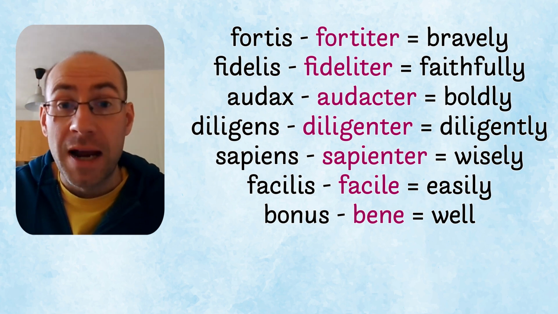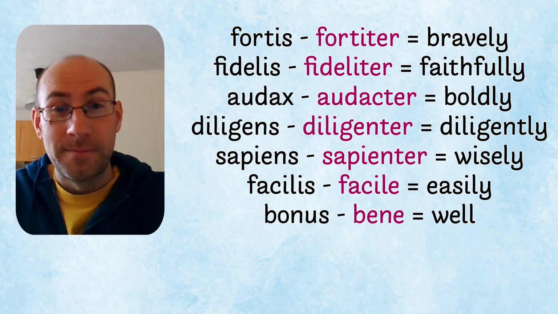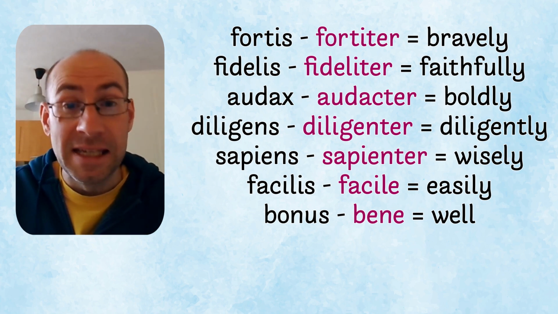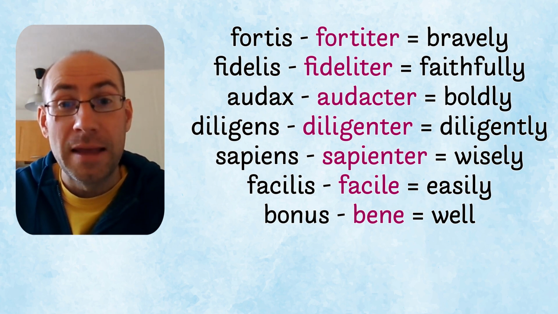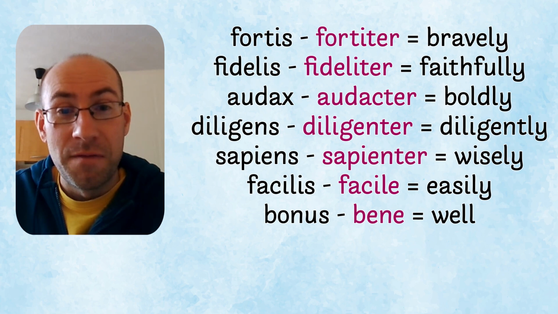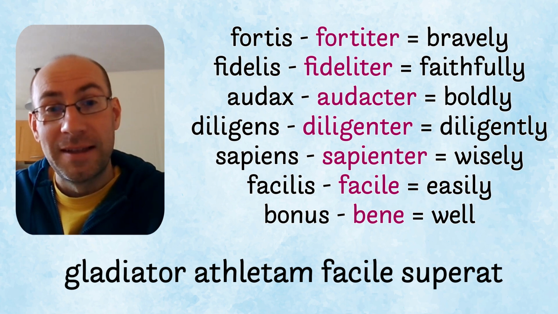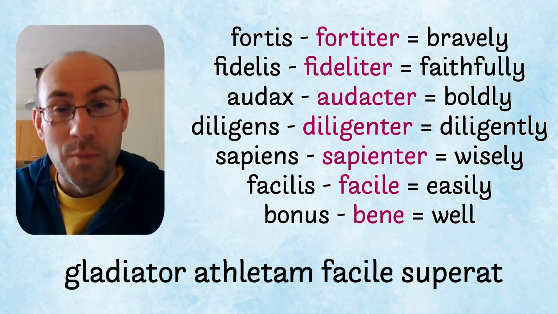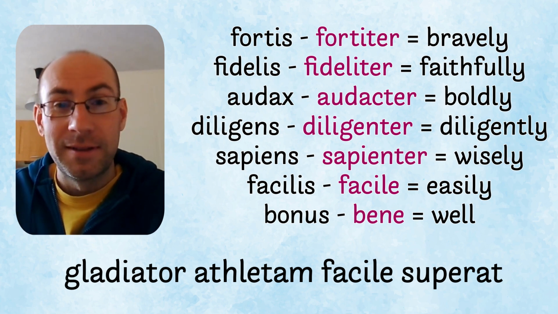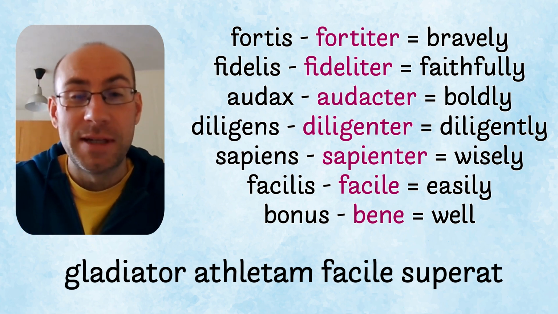Supero, superas, superat. Gladiator superat. The gladiator easily overcomes the athlete. Gladiator athletam, accusative, facile superat. Gladiator athletam facile superat. Okay, very good. Just like you are facile learning these adverbs and the Latin language.